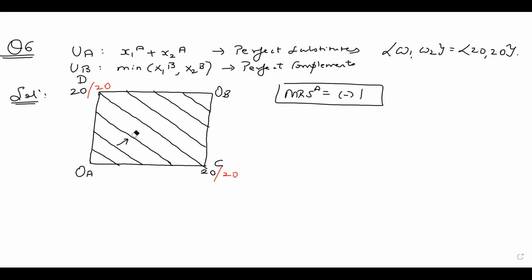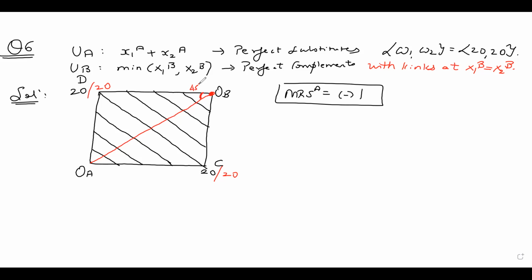Okay. And if you look at B's ICs from B's origin, B's ICs are perfect complements. And the kink is going to come at x1b equal to x2b. So I can write B's ICs are perfect complements with the kinks at x1b equal to x2b. Now guys, x1b equal to x2b will lie on a 45-degree line from B's origin. From B's origin, if I draw a 45-degree line, this is 45 degrees.